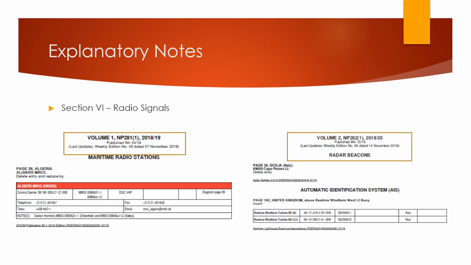So again, the updates in section 6 should be cut out and pasted into the appropriate volume. So you can see the change it shows, and you need to cut it out and paste it in the Admiralty List of Radio Signals to reflect the change. That will be the proper way of correcting the radio signals.